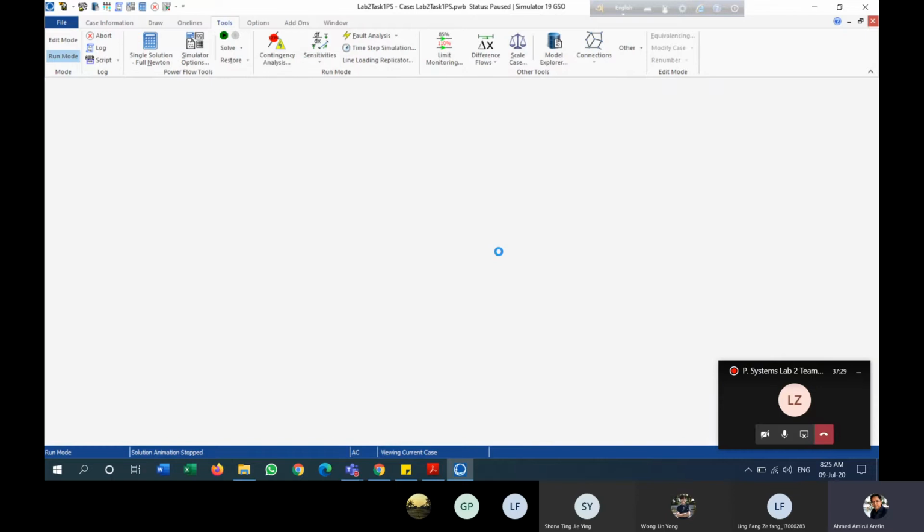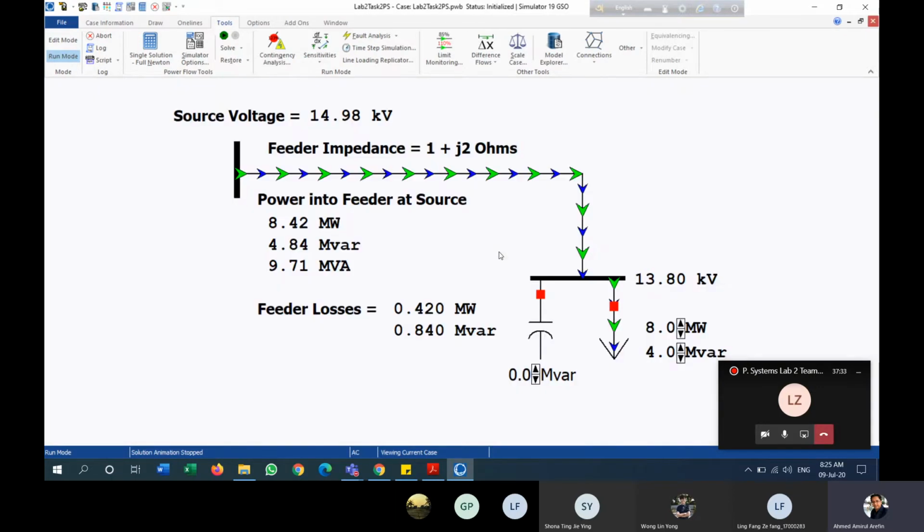Can anyone tell me what is the change in this circuit? This is the lab 2 task 2 file. What is the change here? The load. Yes, from inductor to capacitor.